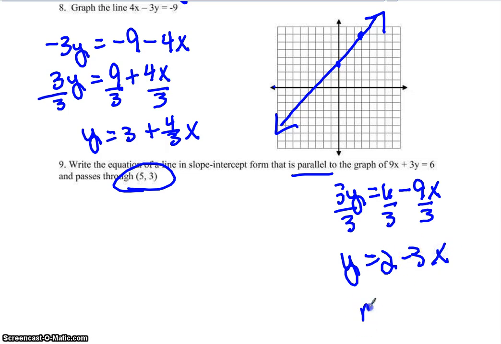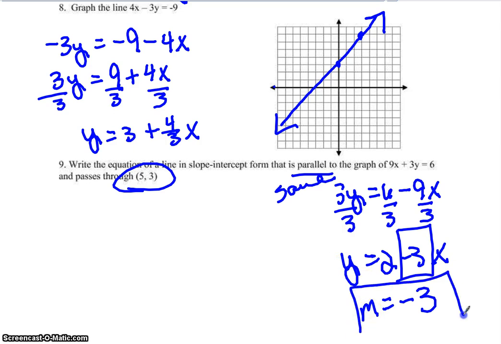Okay, so what's the slope of this equation? It's what's in front of the x, so negative 3. If I'm parallel, I'm going to have the same slope. So I'm using a slope of negative 3 and the point (5, 3). So 3 is equal to the slope of negative 3 times x, which is 5, plus b.